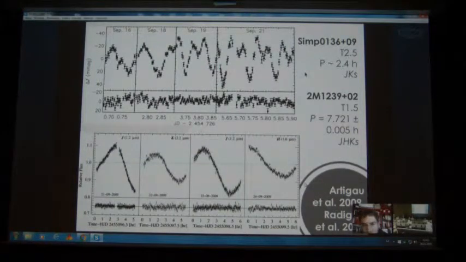They discovered very clear photometric variability in early T-dwarfs with effective temperatures of the order of 1000 kelvins and periods between 2 and 8 hours observed in J, H, and K bands.